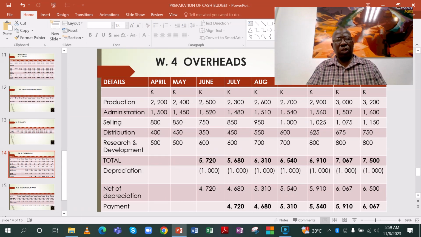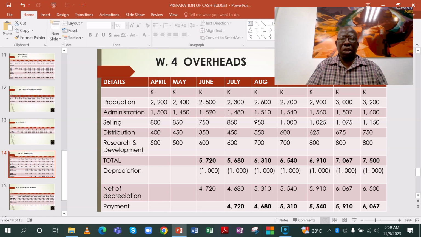So the total under production, administration, selling, distribution, research and development. Now our concern is just July to December. Because there is a lag in payment of 1 month, instead of starting from July, we have to go a month earlier, that is June.